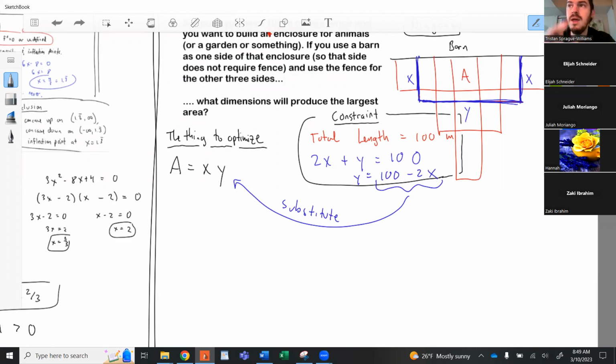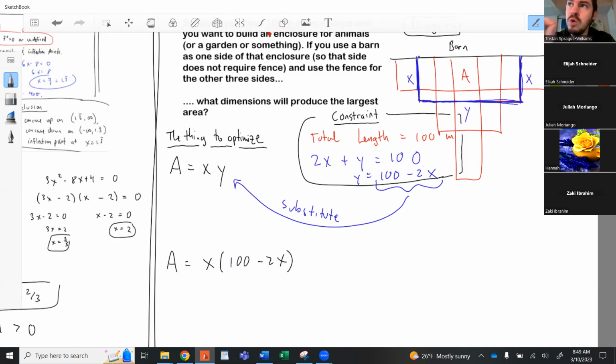This is the same concept as solving a system of equations, right? If you have two equations involving x and y, you can solve one of them for, say, y, substitute it into the other equation, and now that equation will only involve an x. That's what we're going to see here. So my area equation is now x times (100 minus 2x), right?